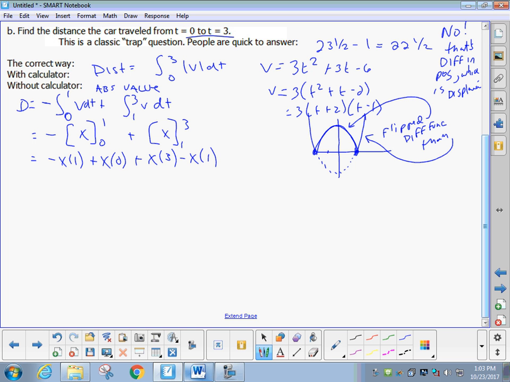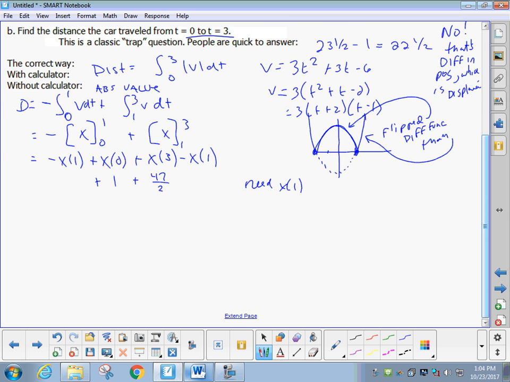At any rate, we have a lot of those things. I know x initial from part A. What is it? 1. And I know x at 3 from part A. It was 47 halves, I believe. Yes? You do need x at 1.